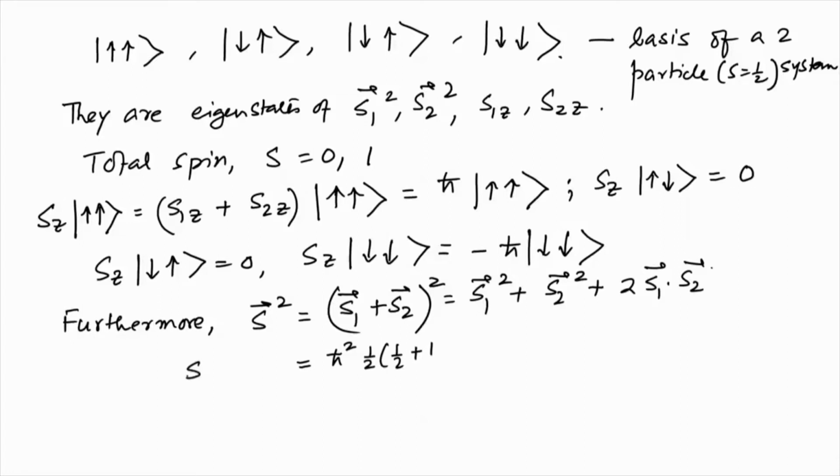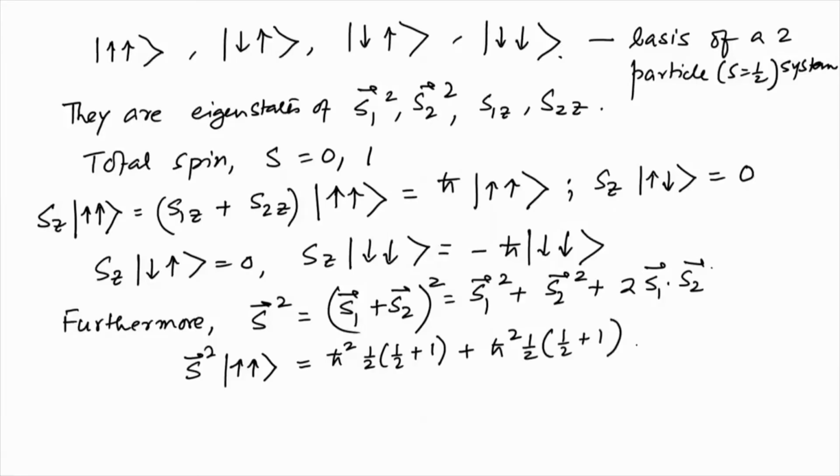So, S square acting on any of these states, say we will talk about up up for example, is half into half plus 1, and then again for S2 square this will be half into half plus 1.